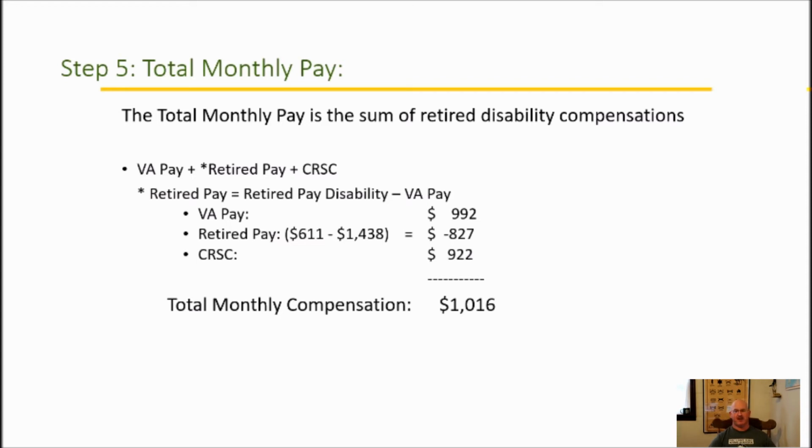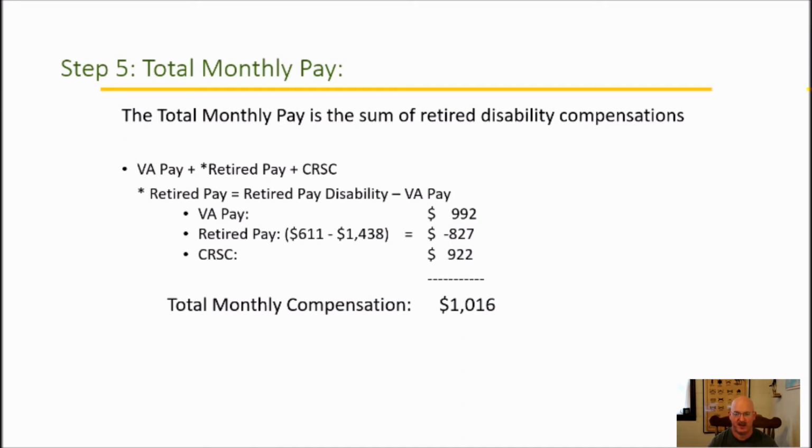So for your total monthly compensation, you're going to have VA compensation, CRSC of 165, and, well, that's it in this case, as there's not a whole lot left due to funky math.